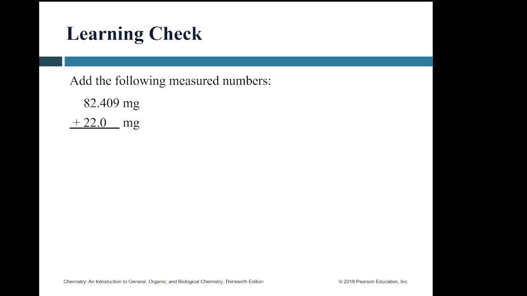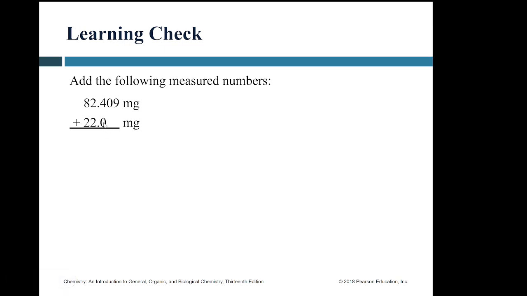Let's add the following measured numbers. 104.409. Yep, that's what the calculator would say. And what would be the rounding? 104.41. So we're going to round to what place? Tenths.